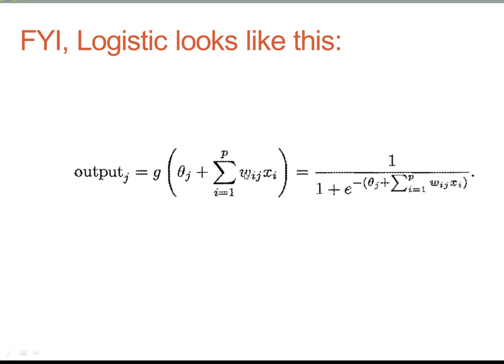What was this called? W sub 1,3. And what's this called? W sub 2,3. And this is x1, and this is x2.